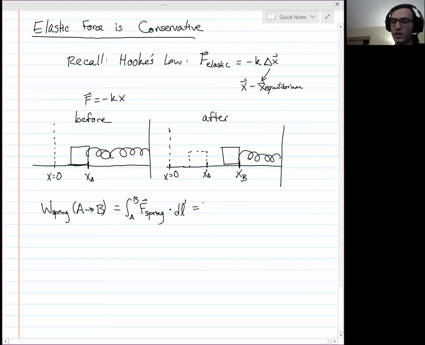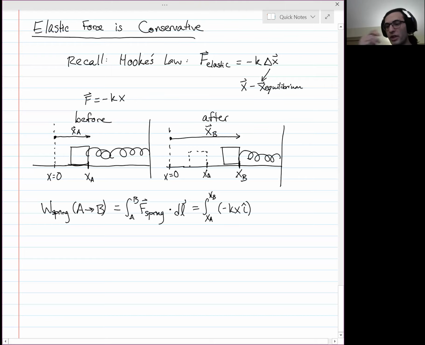So in this case, we have the integral from A to B, or let's be more explicit, from xa to xb of negative k x in the i hat direction, because the vector x is this vector here, and it's this vector here, right? That's xa, this is xb.